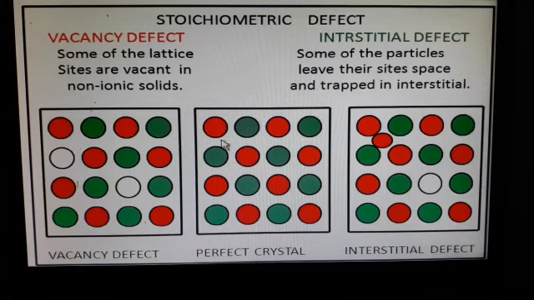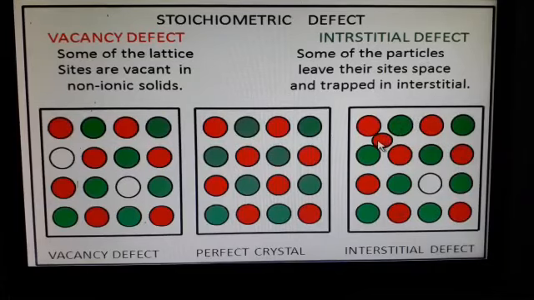While in interstitial defect, if you compare this picture with this one, you can see clearly that in place of this red dot, this one is empty. But where is this red dot? This red dot is here. So this red dot is leaving its space, but it is not leaving the crystal. So what is interstitial defect?